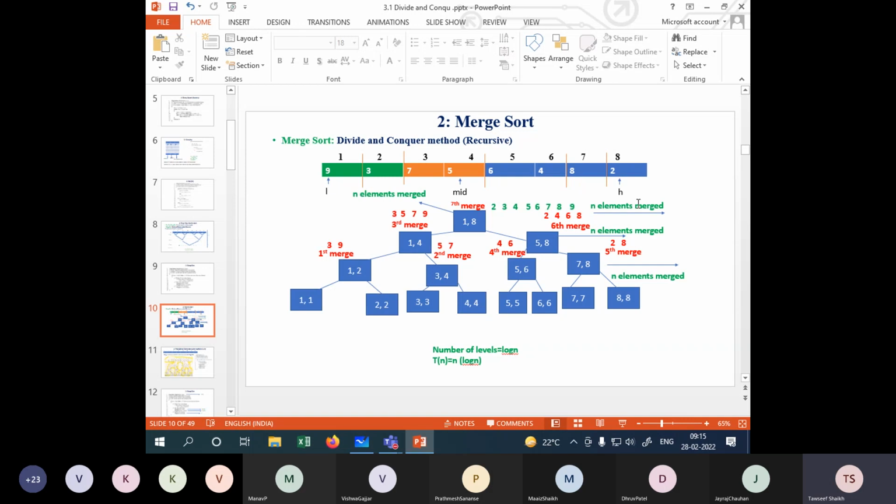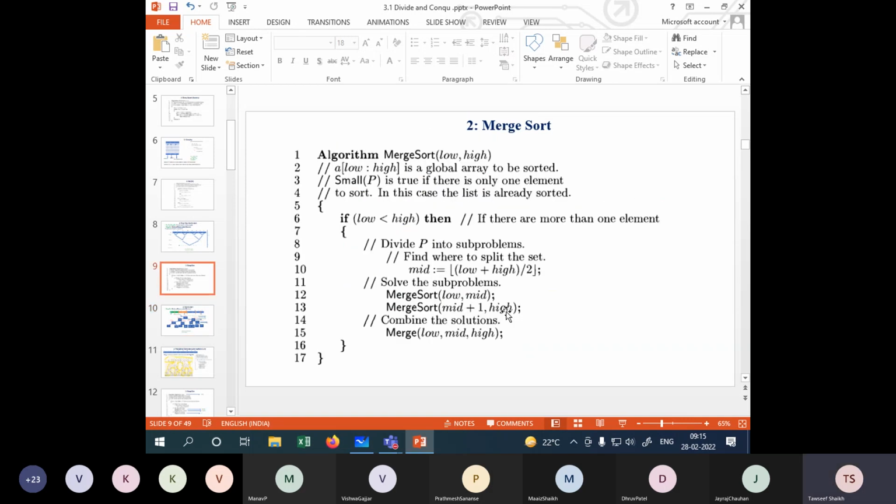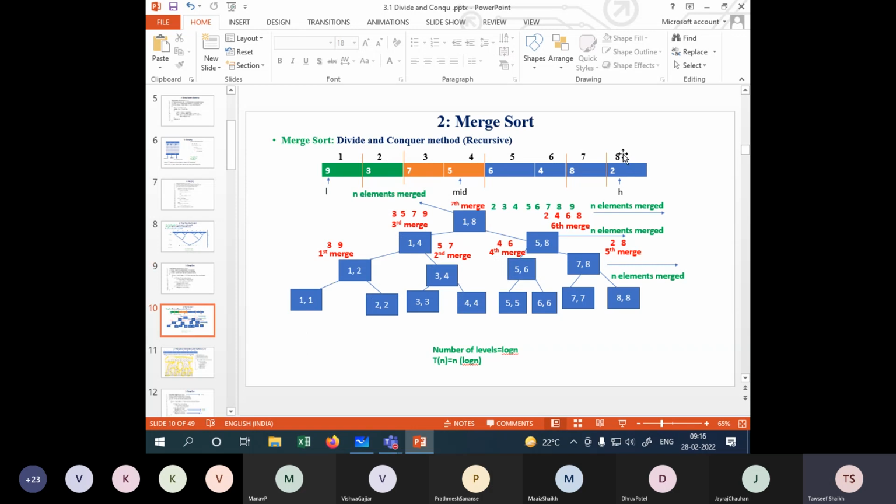And when we pass those elements, the control will go back to this merge sort. Low will be 5, and high will again be 8. So 5 plus 8 will be equal to 13. 13 divided by 2 is 6. That is this.